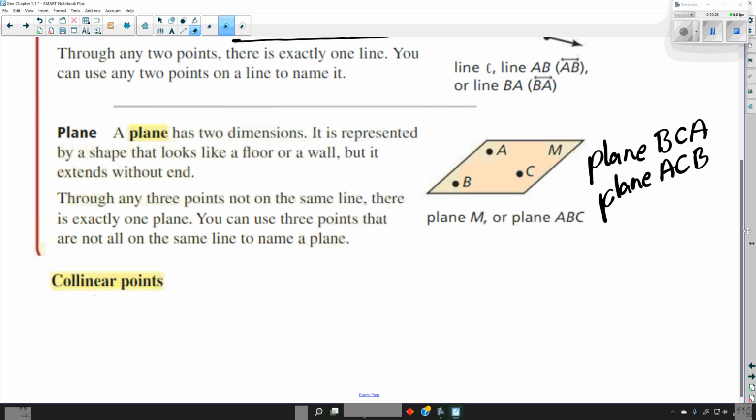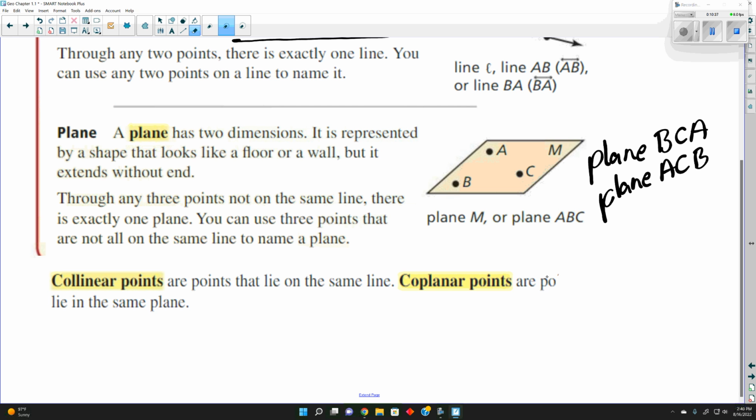Any questions on this so far before we hit the last term on the page? Does anybody remember what collinear is? Collinear points. Points that are on the same line. Coplanar are points that are on the same plane. I find collinear not too hard to remember. Because what's in the middle of this? Line. Same line. Collinear.